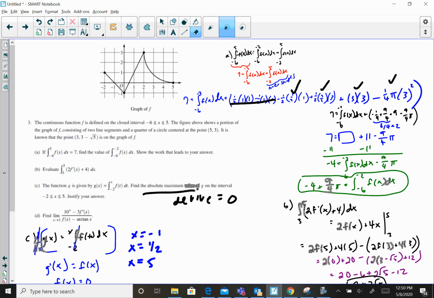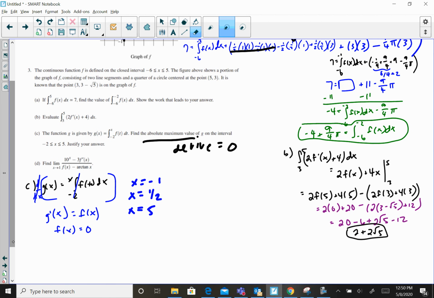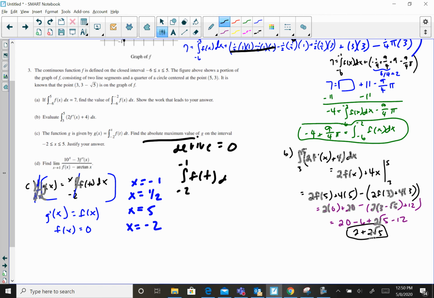I want to know which one of those is the absolute maximum, which means I need to plug them back in. I also need to test my endpoints, so x equals negative 2. So I'm going to do all of these integrals. I'm going to integrate from negative 2 to negative 1 of f of t dt.